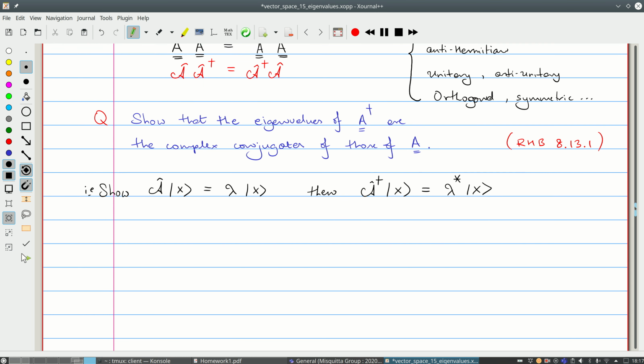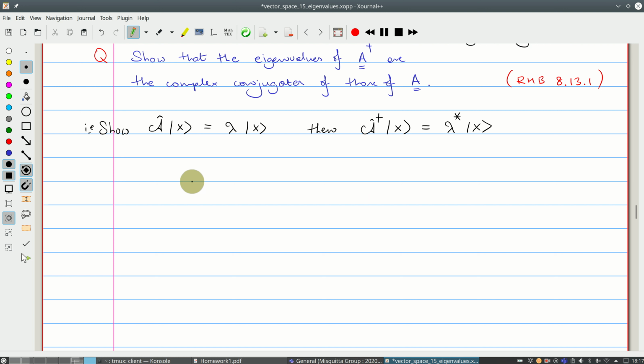Alright, so let's start with the first equation. We know that A operates on x, and that gives us lambda times x. Now what I want to do is bring these two to one side, and this looks a bit funny because I've got an operator operating on a function here, and then I have a scalar here.